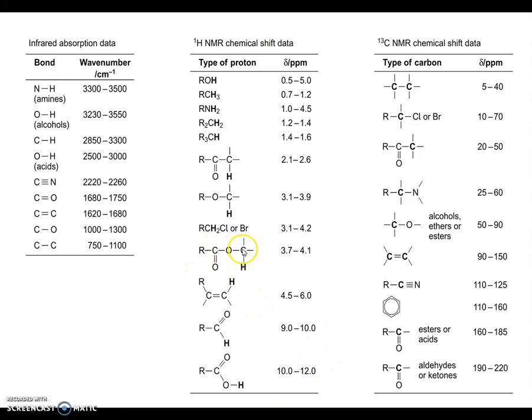Also, a hydrogen on a carbon adjacent to an oxygen of an ester, which is a slightly higher range than if your hydrogen's on a carbon attached to an oxygen which is either an alcohol or an ether. The other thing to draw your attention to is alcohols have a broad range anywhere in there, and also amines. Okay, but OHs and NH2s tend to be a little bit broader.